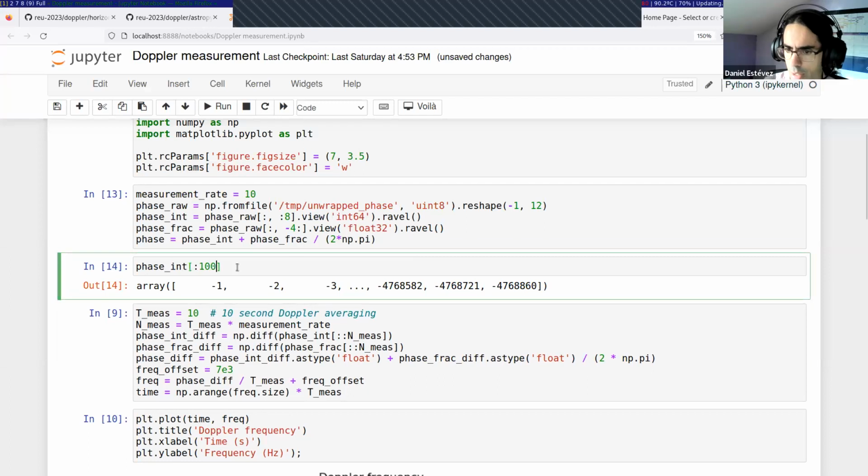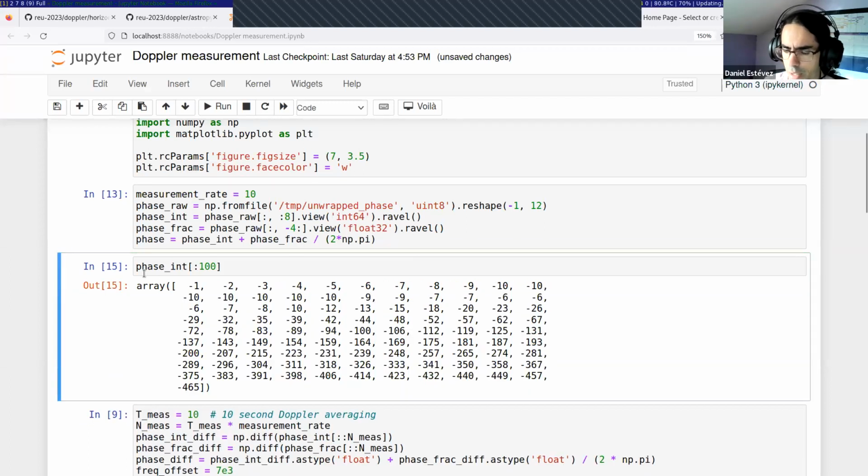If I show you the first phase integer values, you can see -1, -2, -3, -4, -5. This is because the phase is doing, at the beginning, before the PLL has locked, approximately 1 cycle for each measurement, and we have 10 measurements per second.